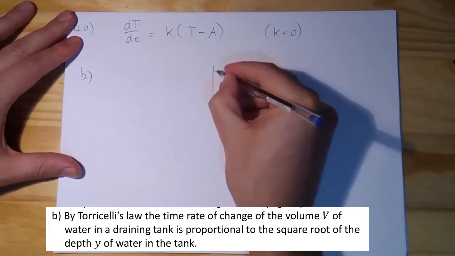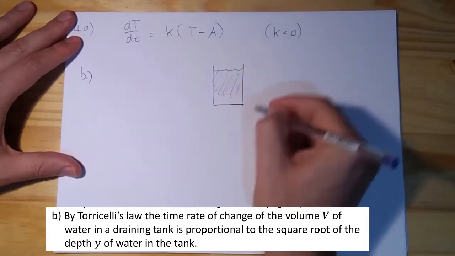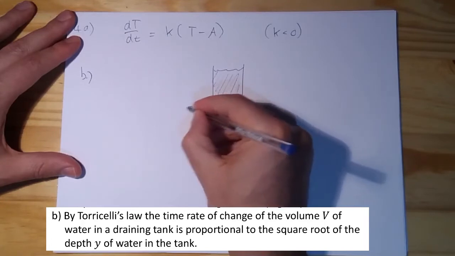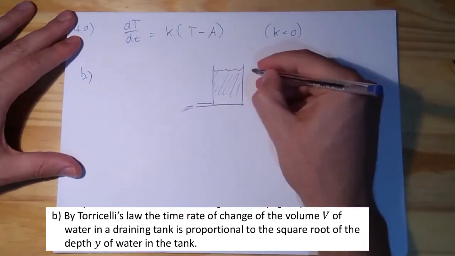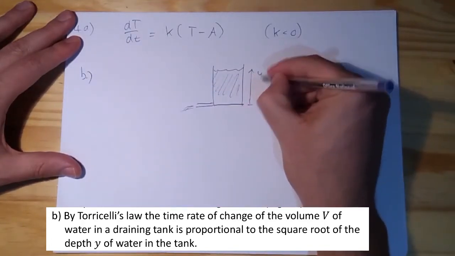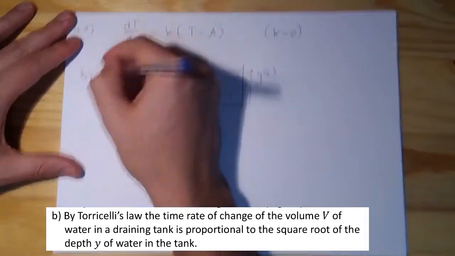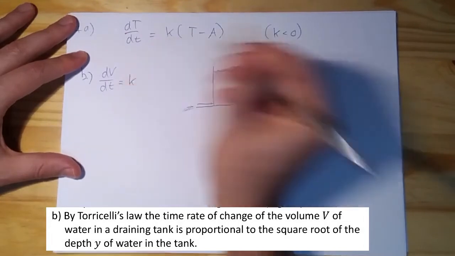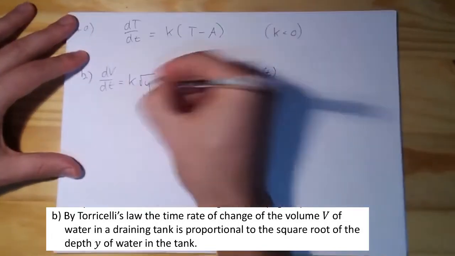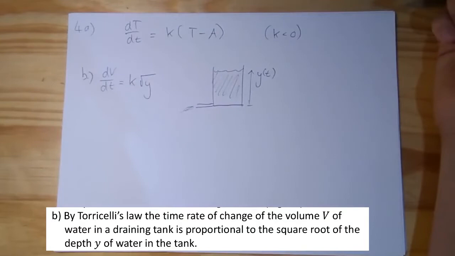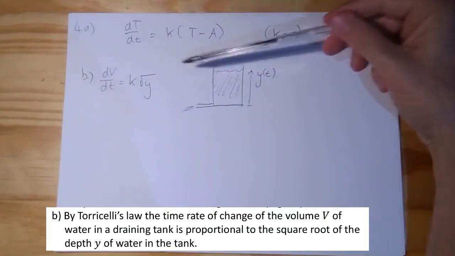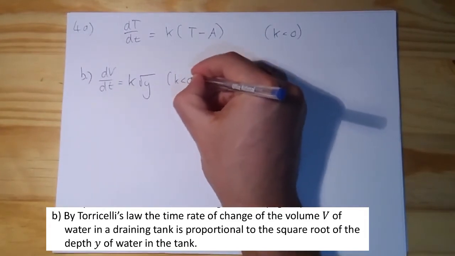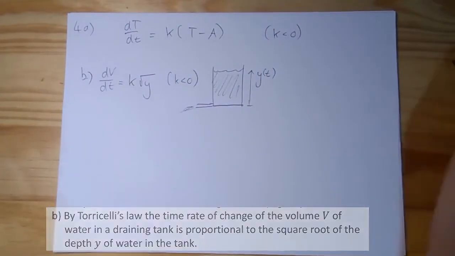All right, so let's say it is a bit of water in some tank, doesn't matter what shape it is, and the water is flowing out, and its depth at a given point is given by y of t. All right, so then dV/dt is some constant times the square root of y. All right, there's a differential equation. And in this case, k would have to be also negative. See if you can understand why that must be the case.